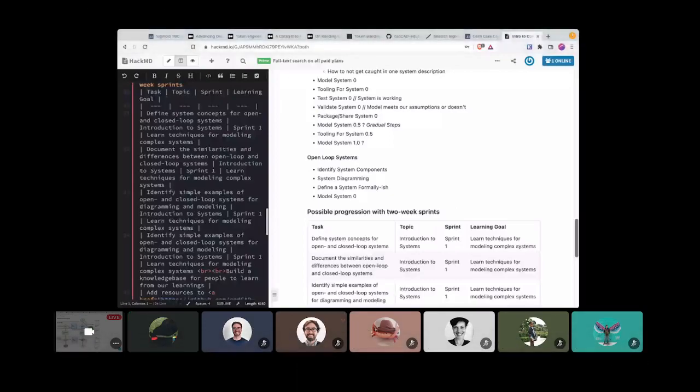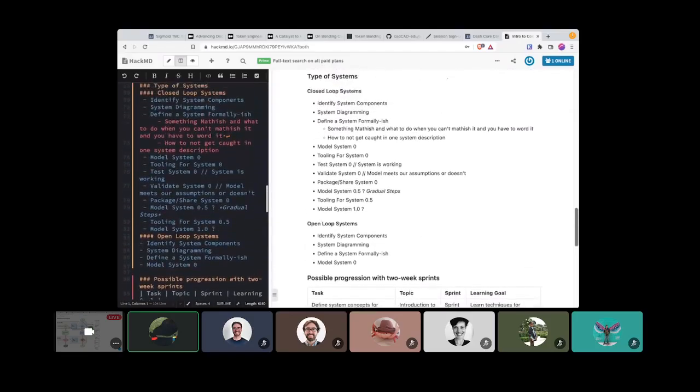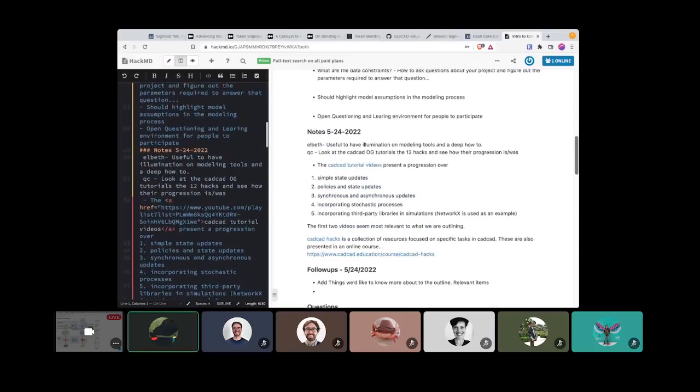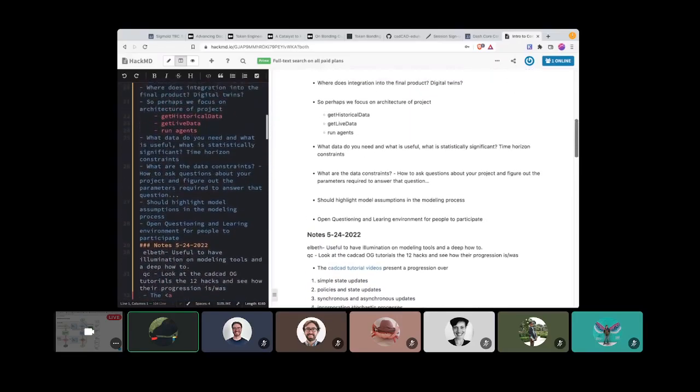And so I've been collaborating with ZC Star, who's another participant in the study group, to think about what we might do for a version 2 of cadCAD study group. I think the time frame of an 8-week block feels appropriate. That's about what we did on this previous one.